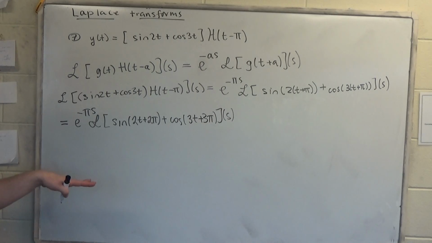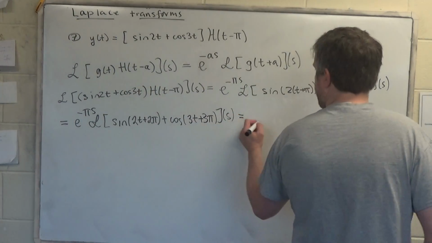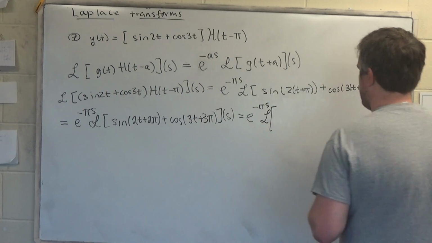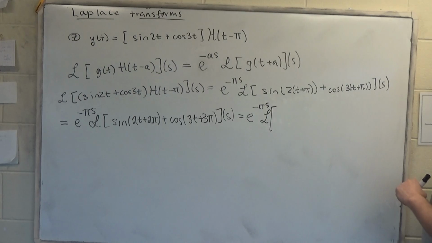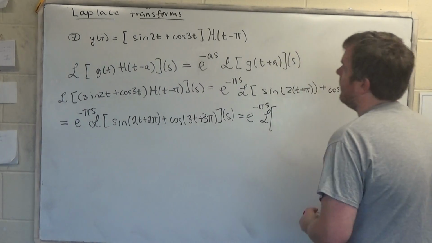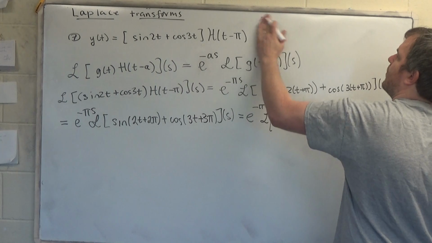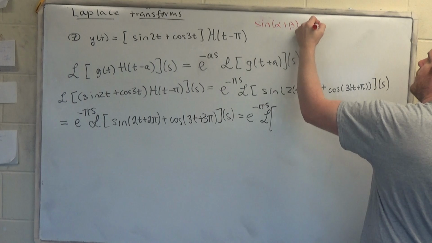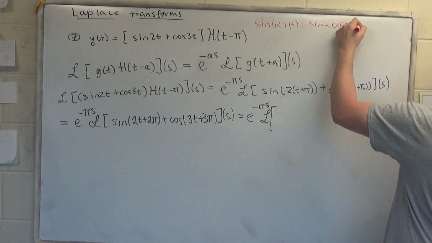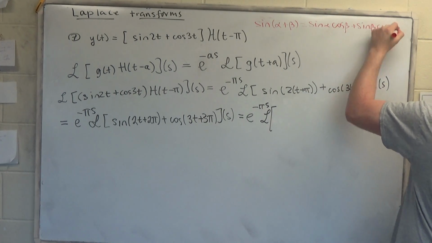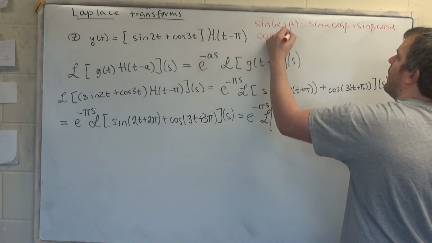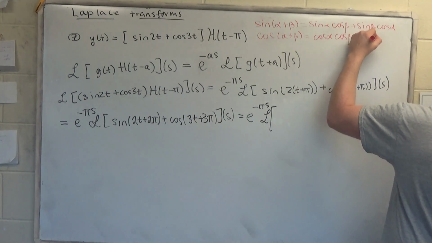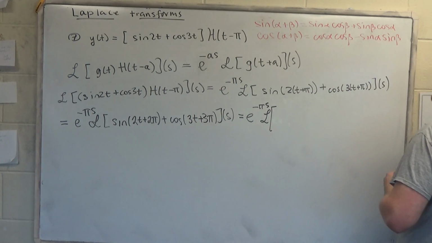And now we need those rules. I'm going to write these in red above. The sine of alpha plus beta is sine alpha cosine beta plus sine beta cosine alpha. And the cosine of alpha plus beta is cosine alpha cosine beta minus sine alpha sine beta.